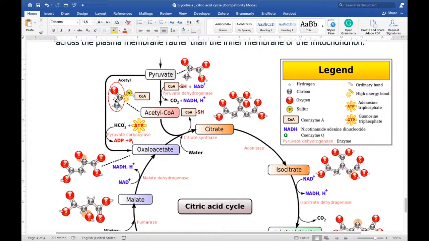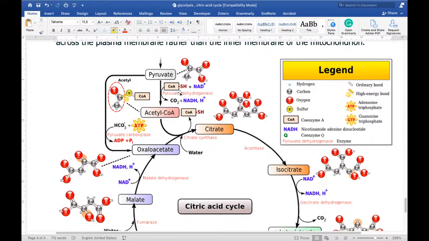On the other side, as we know, we have pyruvate from glycolysis. From the pyruvate, in the presence of pyruvate dehydrogenase, NAD plus is reduced to NADH.